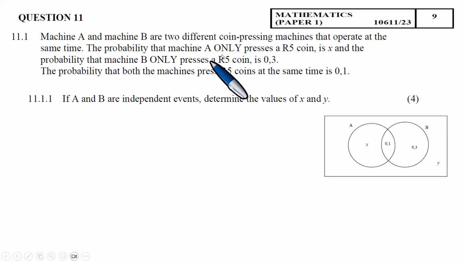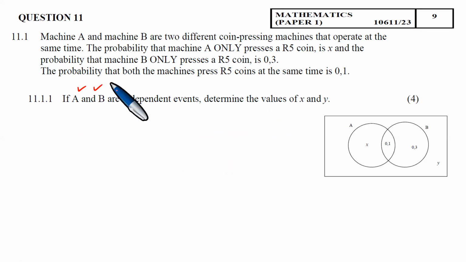The probability that machine A only presses a 5 rand coin is x, and the probability that machine B only presses a 5 rand coin is 0.3. The probability that both machines press 5 rand coins at the same time is 0.1. If A and B are independent events, determine the values of x and y.